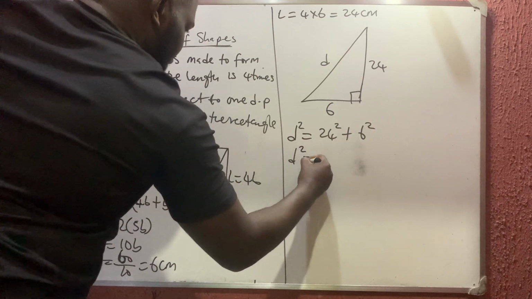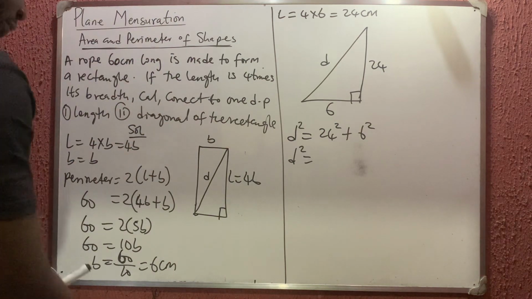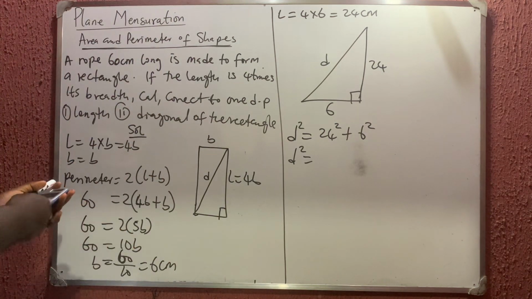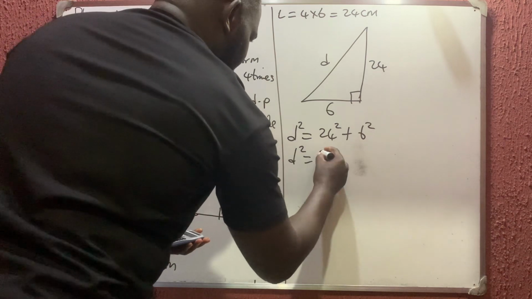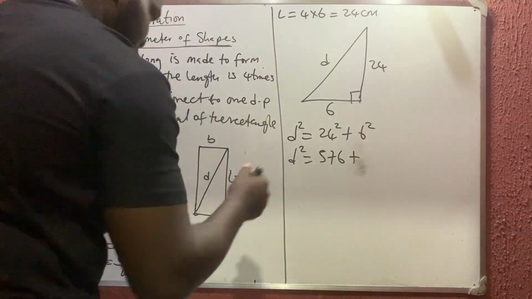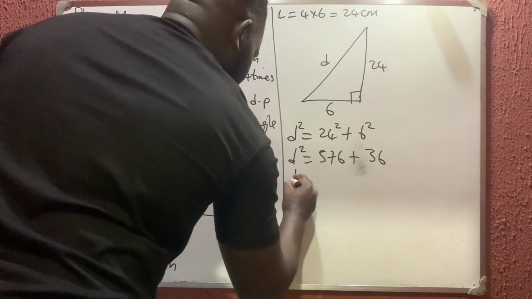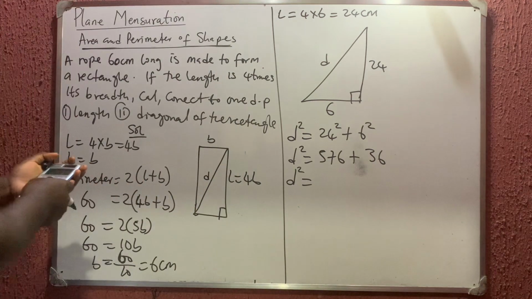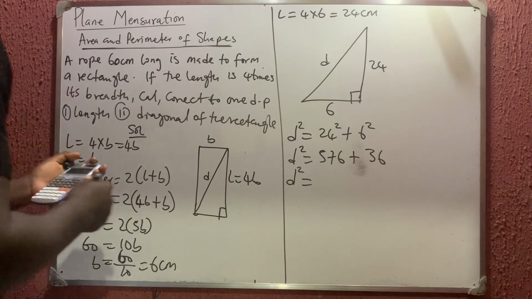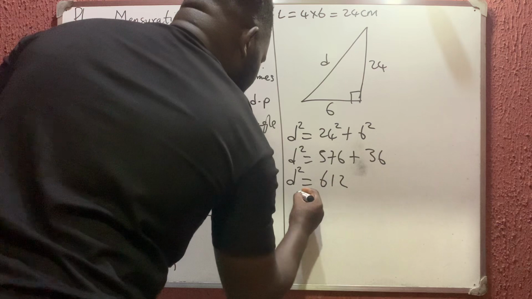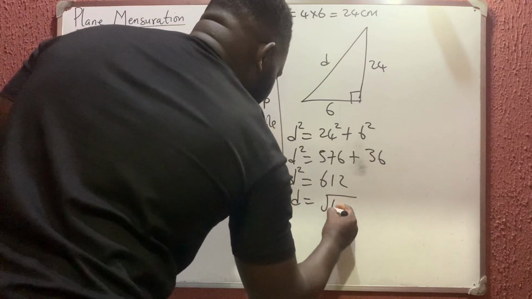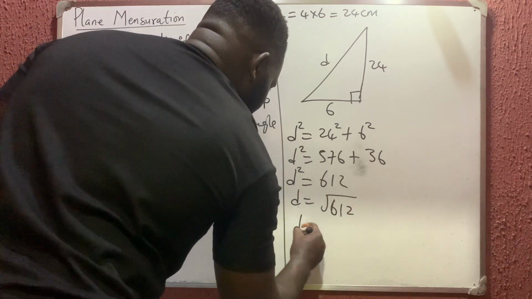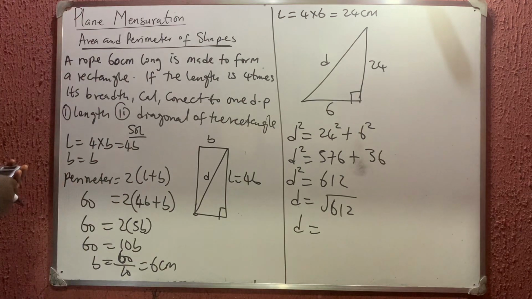So our D squared is equal to 24 squared, which is giving us 576, plus 36. So 612. So D will now be the square root of 612. So D is equal to the square root of my answer.